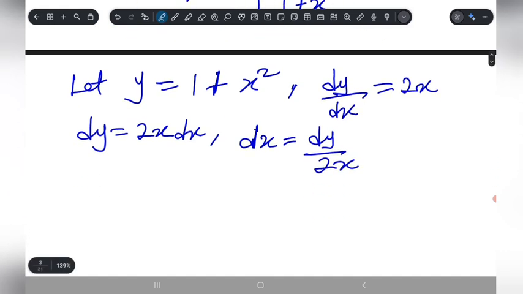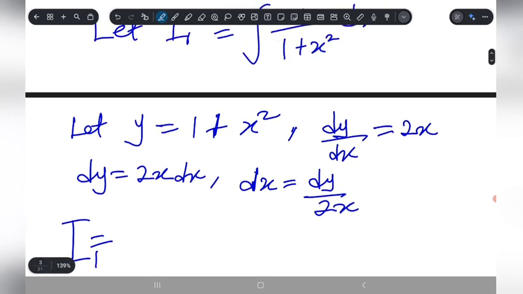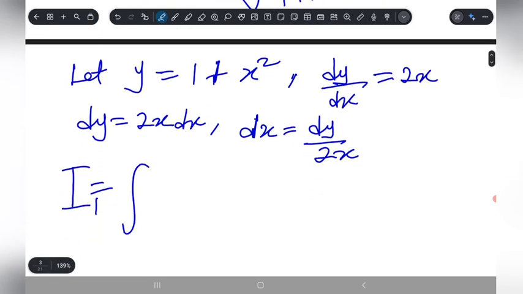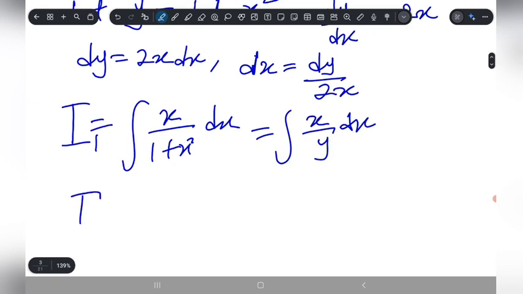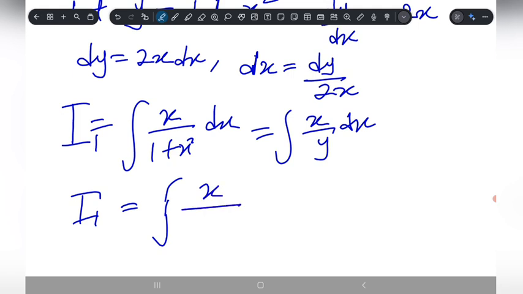Recall that I1 is the integral of x over 1 plus x squared dx, which we can represent as x over y dx. So I1 is the integral of x over y, multiplied by dx, where dx is dy over 2x.